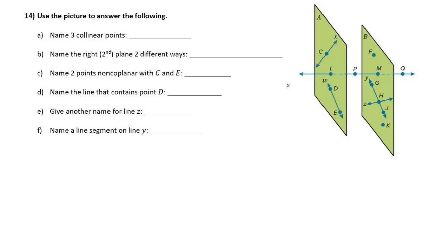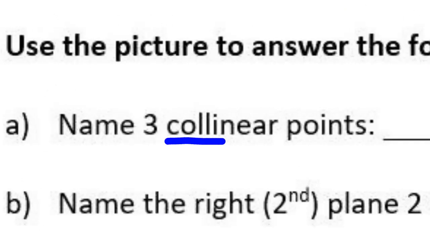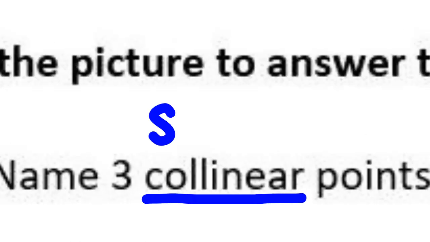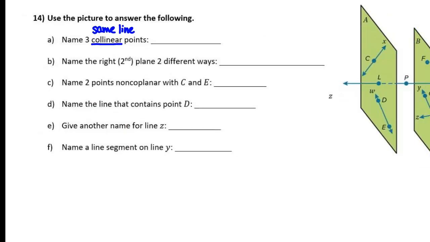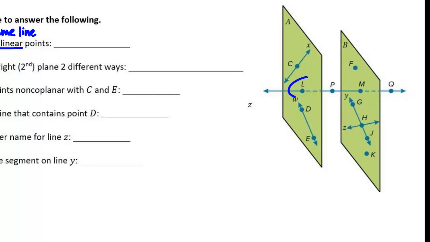Number 14, name 3 collinear points. Collinear means they're on the same line. LPM would absolutely work. Could you do LPQ? Yep. Could you do these ones right here, G, H, and J?